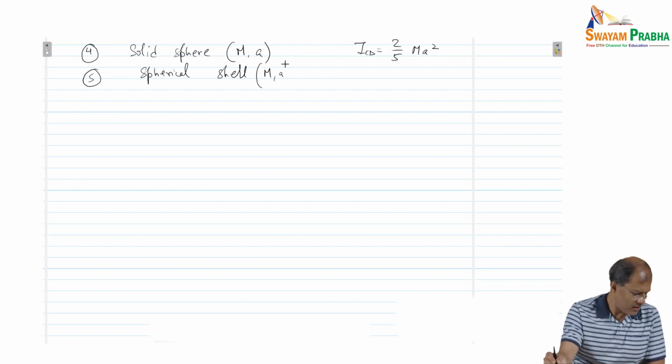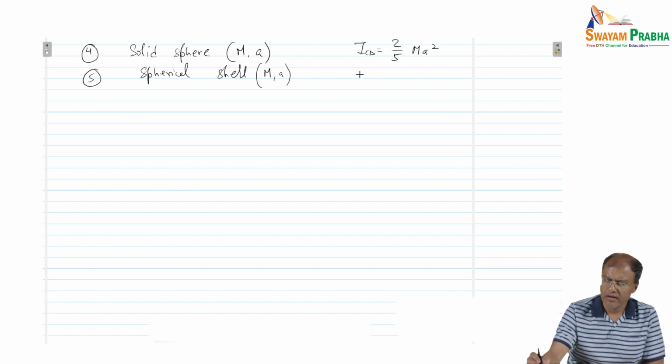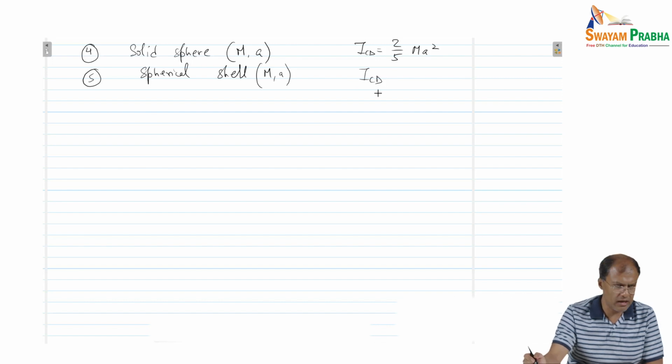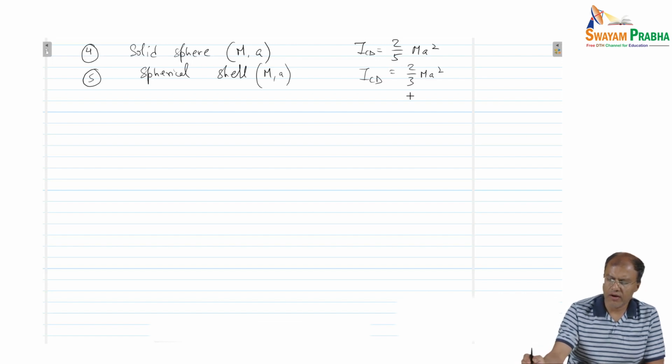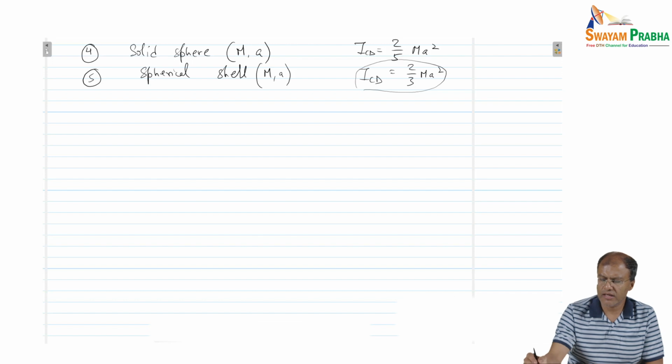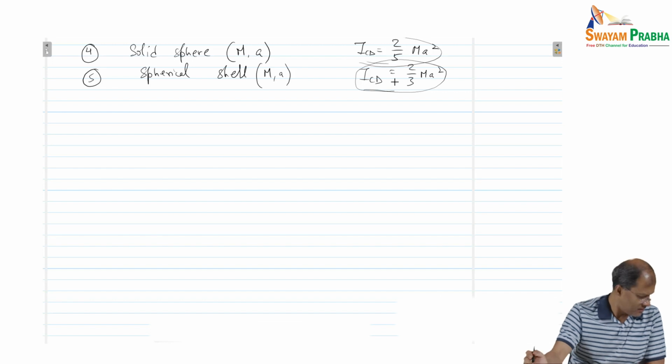So mass m and radius a, and in this case the regular axis, again the axis passing through the center and along one of the diameters, comes out to be 2 by 3 m a square. Again, we note that the moment of inertia of the thin object or the hollow object is more than the moment of inertia of the solid object, right?